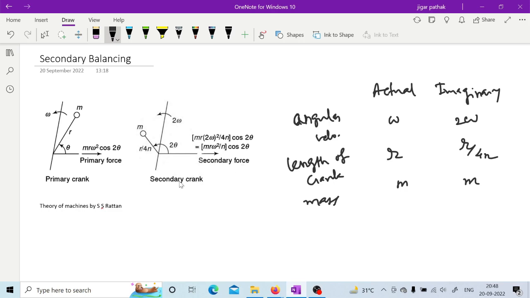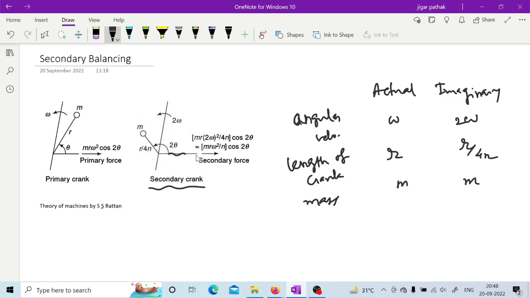One more thing is important to note: when the primary crank moves by theta, the secondary crank will move by 2 theta. These are the assumptions in order to go for secondary balancing.